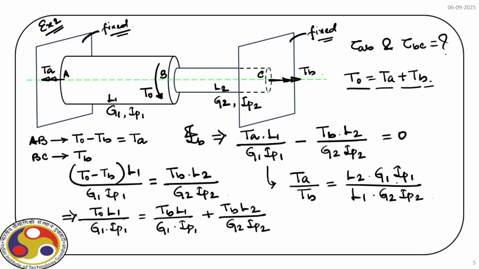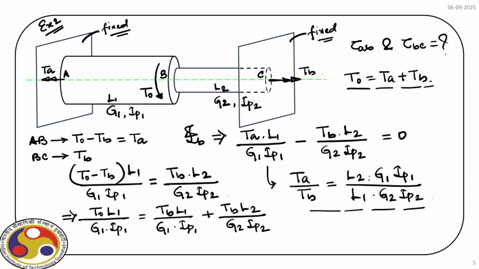Now in this expression, if we put G1 equal to G2, these two will get cancelled, and IP1 equal to IP2, then the polar moment of inertia will also get cancelled. Effectively, we'll get L2 by L1, the same relation that we have just derived.